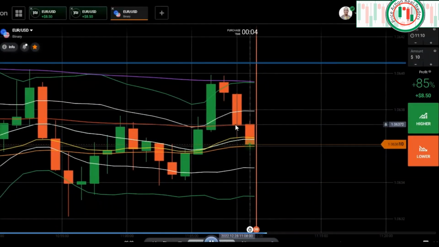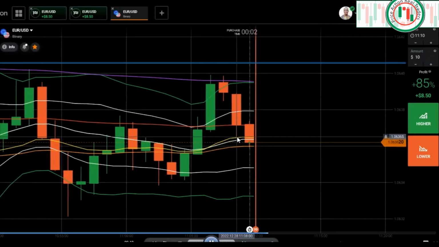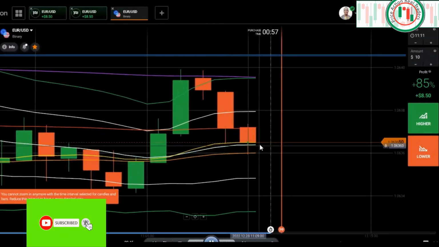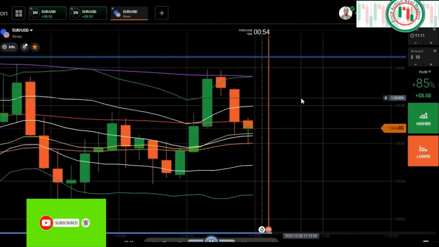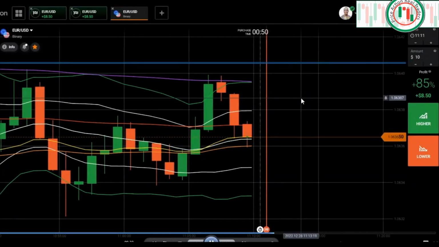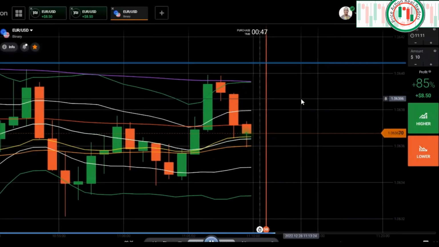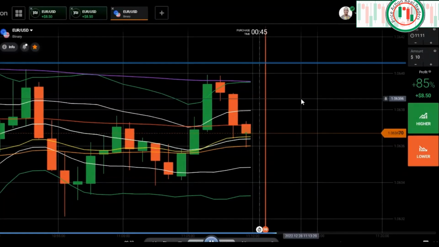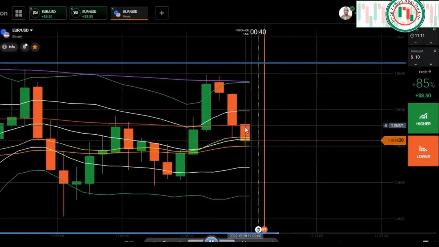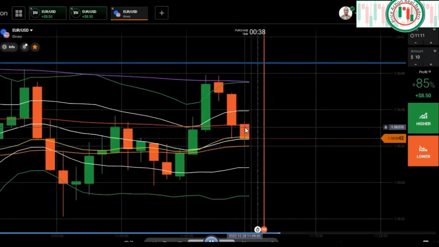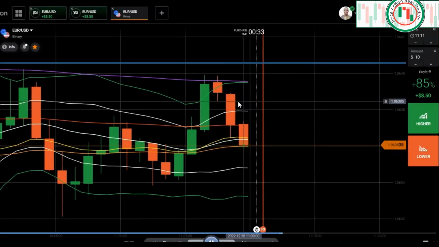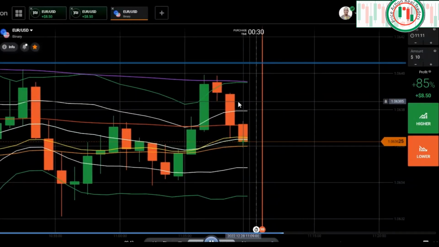So you see here, I will not place my trade because we are in ranging market, and market closed exactly at 200 EMA, and you see 200 and 100 are closer together.